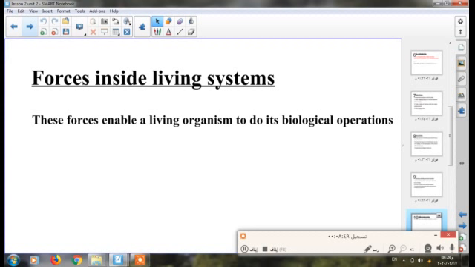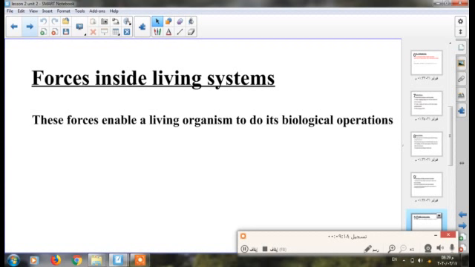And there is another type of living organism, the multicellular living organism, like us, like animals, like plants, which have more than one cell and contain an amount of the biological force found inside the living organism to do some biological operations, like digestion, respiration, circulation, reproduction, urination.